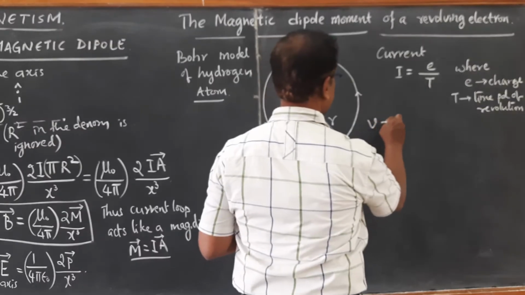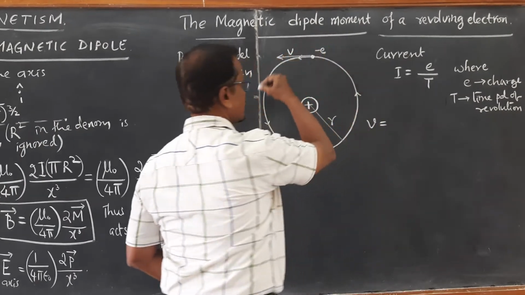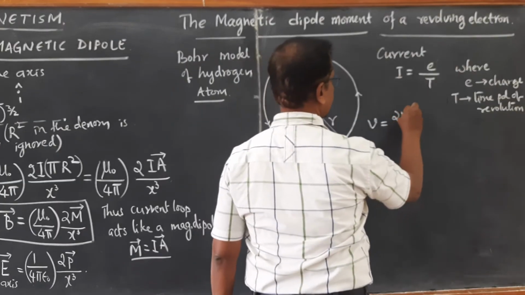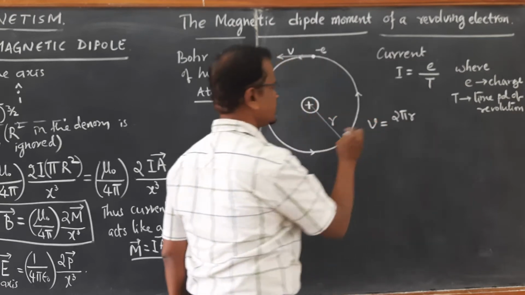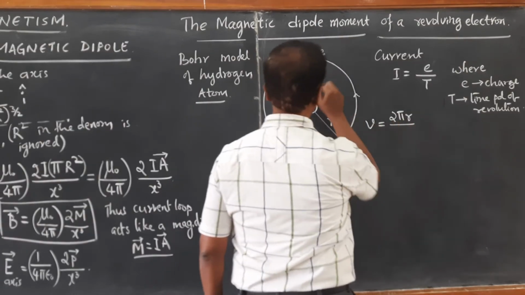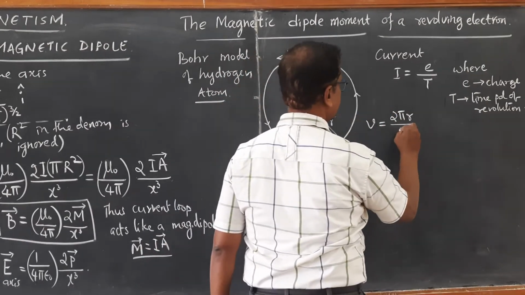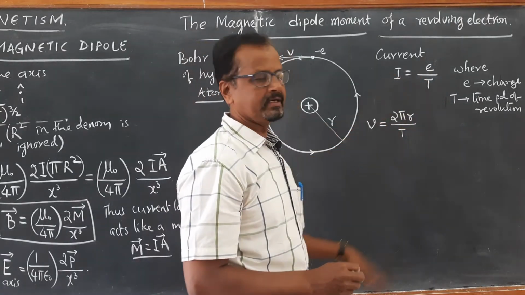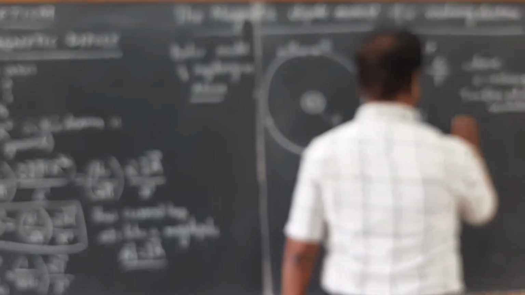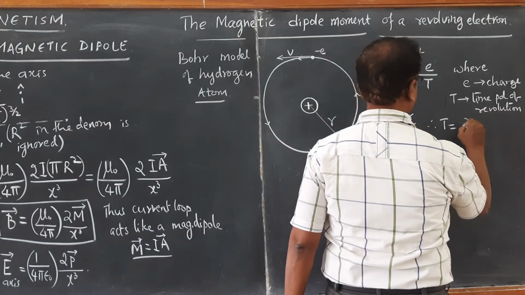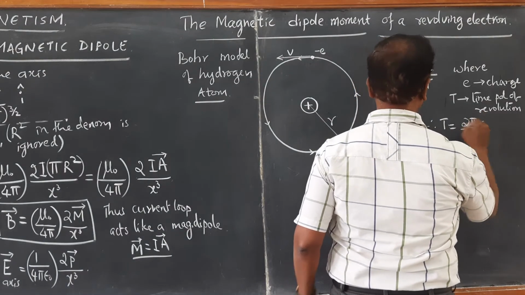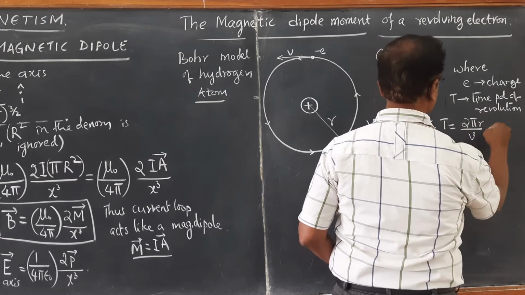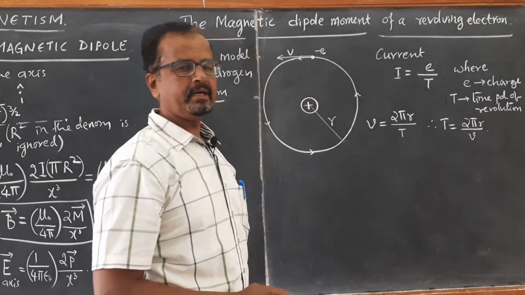So linear speed v is equal to the complete distance covered for one revolution, 2 pi r, where r is the radius, divided by the time taken for one complete revolution, T. Therefore, T becomes equal to 2 pi r by v.